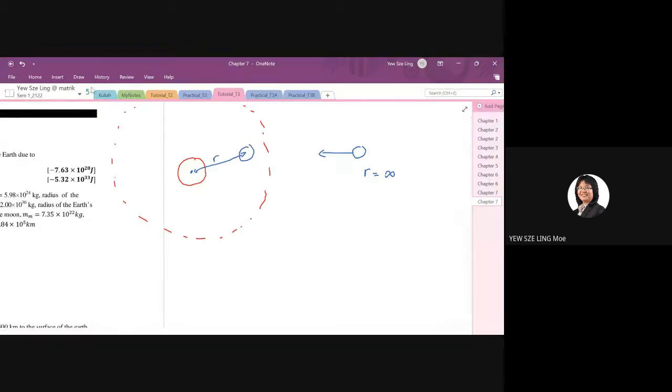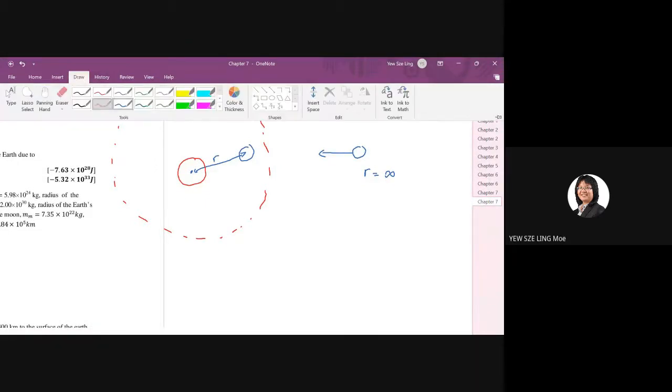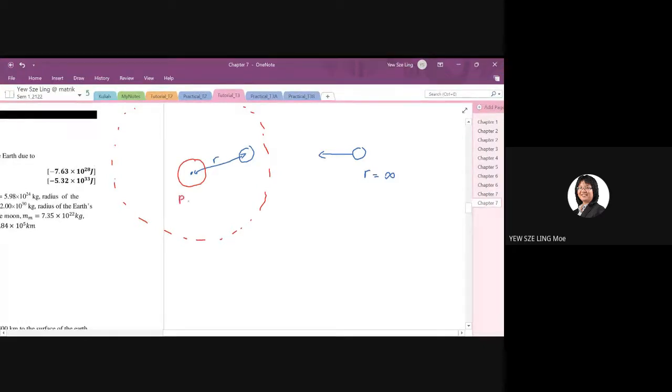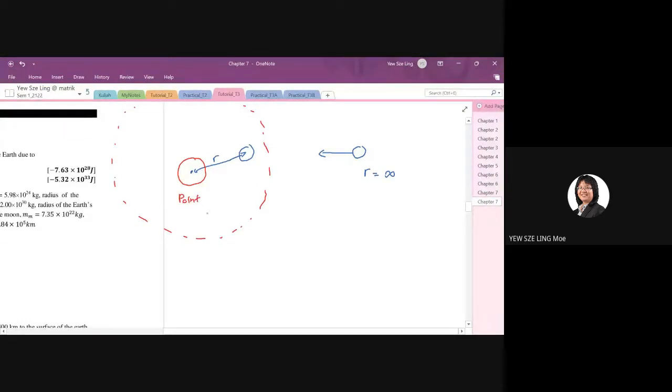The first thing we have to know is that this red object is what we call the point mass, which is already in the system and you are not moving it. Then you move the blue mass, which we call the test mass, from infinity into a point inside the field of the point mass. The distance between the point mass and the test mass is now r.